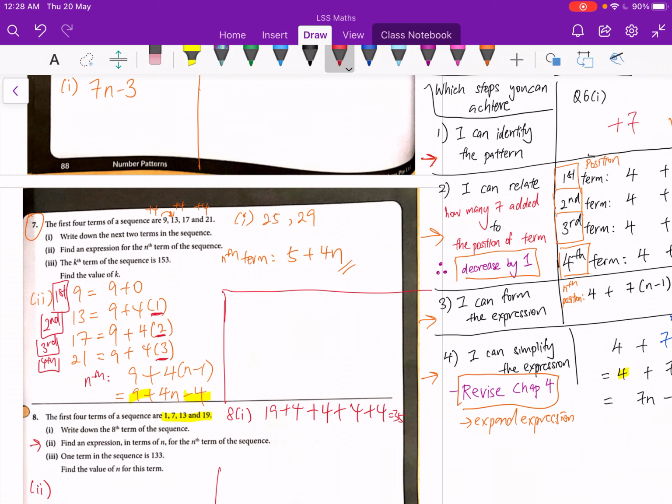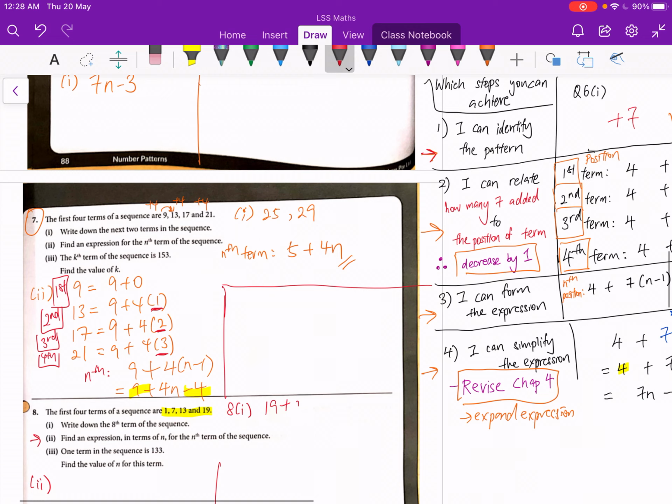What is the number that's added for each number? If you notice, the number will be 6. From 1 to 7, you need to add 6. From 7 to 13, add 6. From 13 to 19, add 6. So this one shouldn't be 4 anymore. It should be 6.